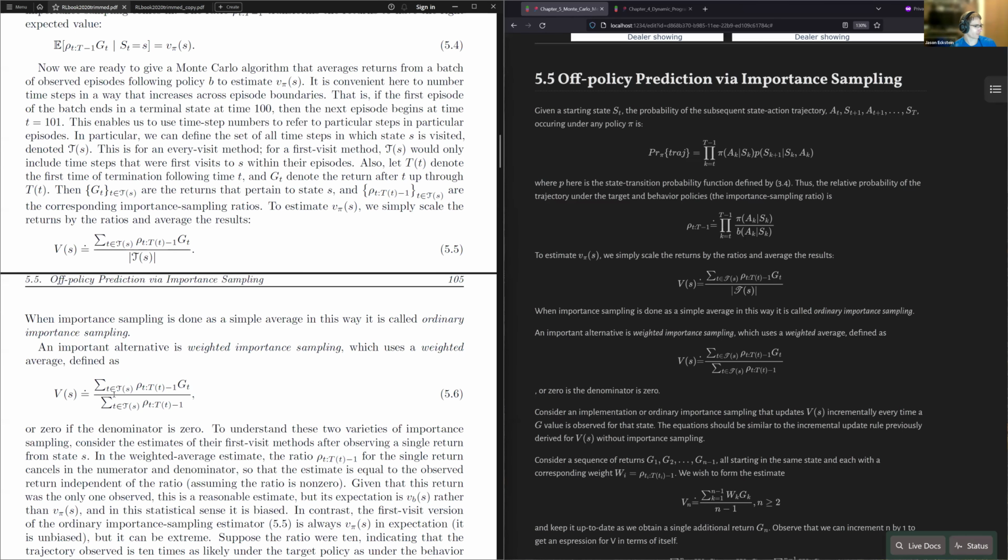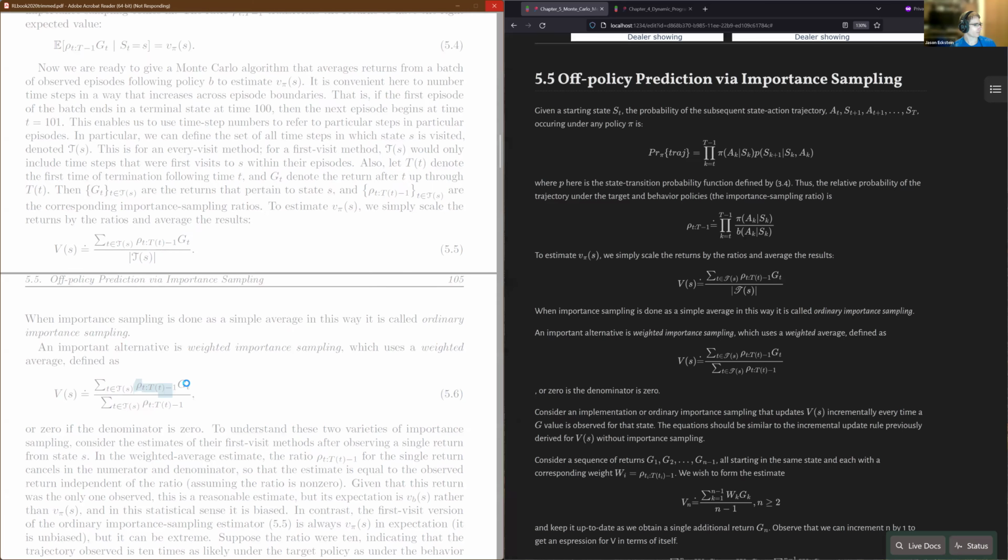You can see that by the fact that if we only have one sample, then these sums disappear. This cancels out with this, and we have G. And this is the G that we observed from the behavior trajectory.